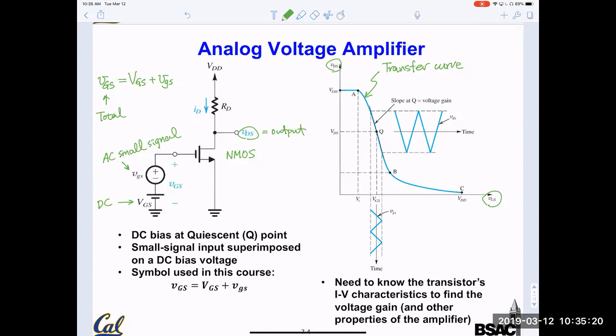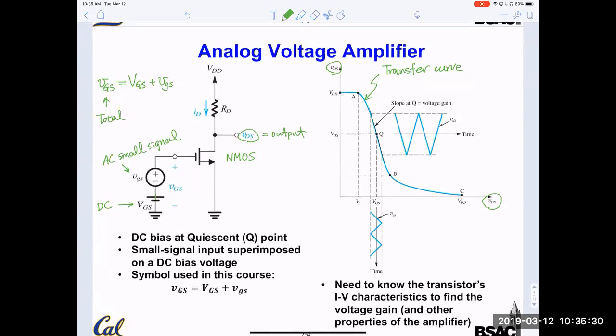When VGS is very small, think of us just varying this battery here, the NMOS is turned off, okay? And VDS is basically equal to VDD minus ID times RD. ID is very small when the transistor is cut off; when cut off, ID is equal to 0.